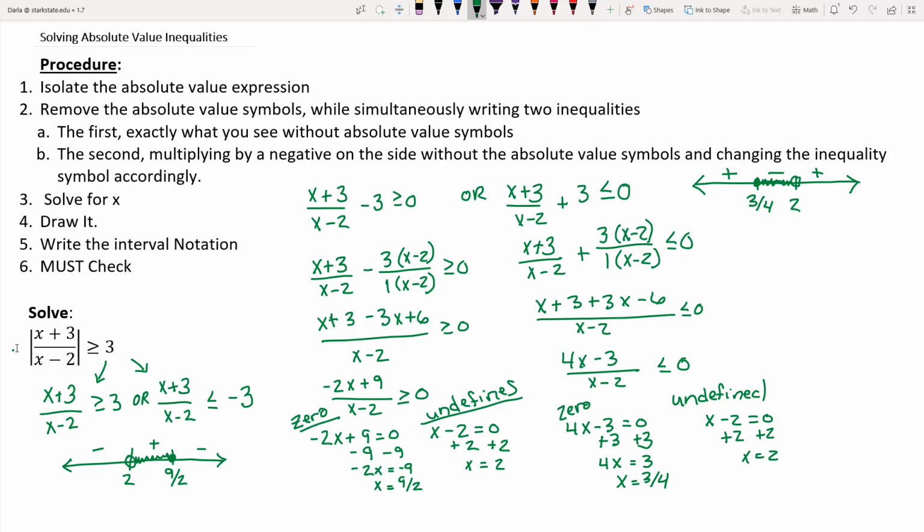So then now if I put both of these pieces together on a number line, remember this is an or scenario, so either solution works. So I'm going to put them all on one number line. So put the values 3/4, 2, and then from this one it had 2, which I already have, and 9/2.